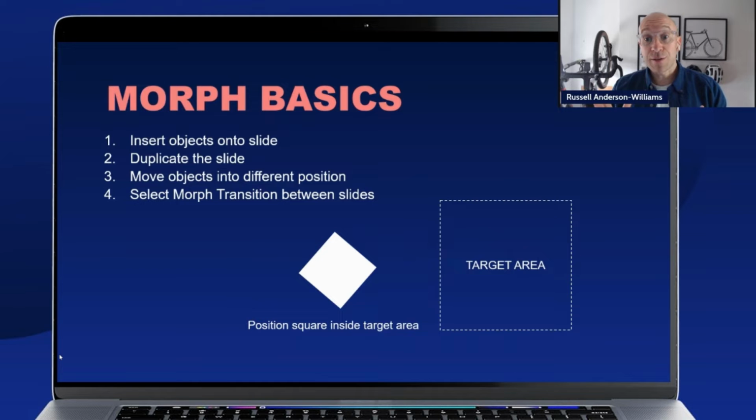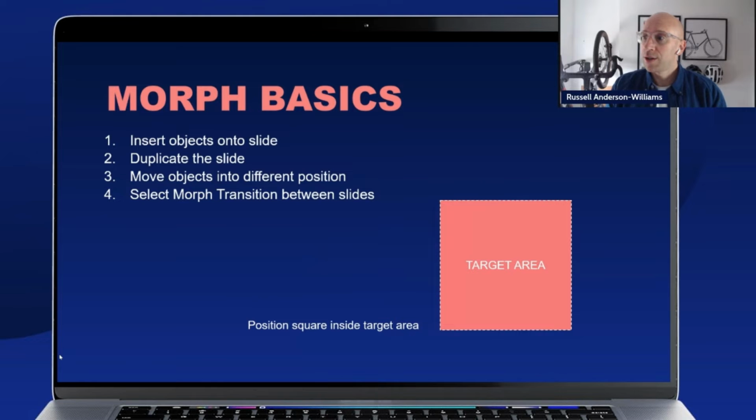It's just a case that we've got a lot more time than most people to think about what graphics we're going to use, how we're going to create those graphics, or where we will get them from, and then how we can put them into PowerPoint in the right way. But the process is exactly the same. So step 1, 2, 3, and 4 gives you this kind of effect.